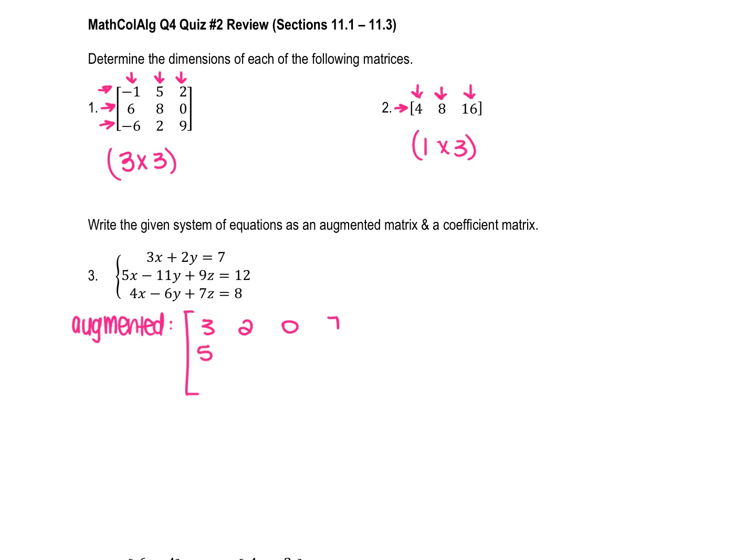So that's 5, negative 11, 9, and 12 in your answer column. Lastly, the 4x minus 6y plus 7z is equal to 8 goes down as 4, negative 6, 7, and 8. We are going to draw the line that designates the difference between our coefficients and our answers so that we have this augmented matrix.